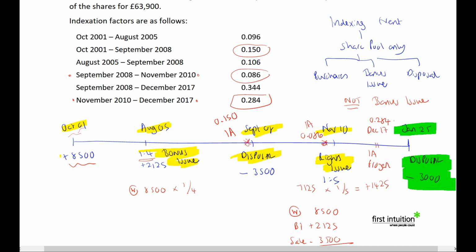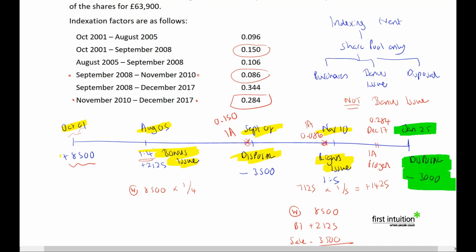So by doing it before you even start the pro forma, and all I did to start with was, on the timeline, make a list of what happened: a purchase, then a bonus issue, then a disposal, then a rights issue. That part shouldn't be so difficult, especially if you don't bother with the numbers and you just say date, event, date, event. Then update it with the indexation.